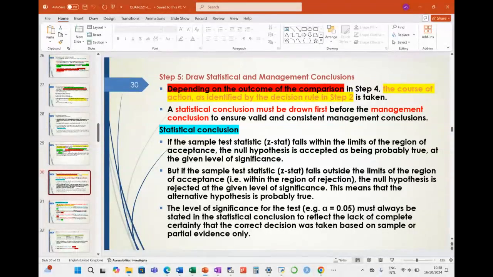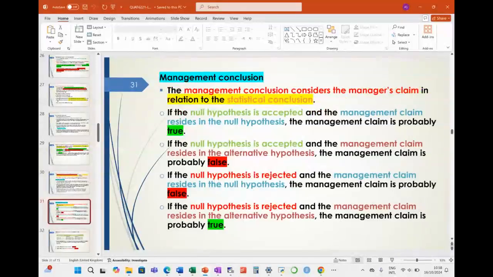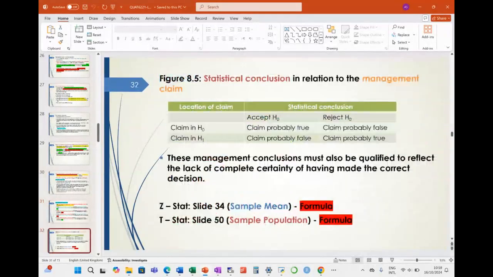This is why I was saying all that we are doing in Learning Unit 8 is those 5 steps. In our next session we'll jump into those revision exercises. Here they're talking more about your management conclusion, but otherwise that is it.